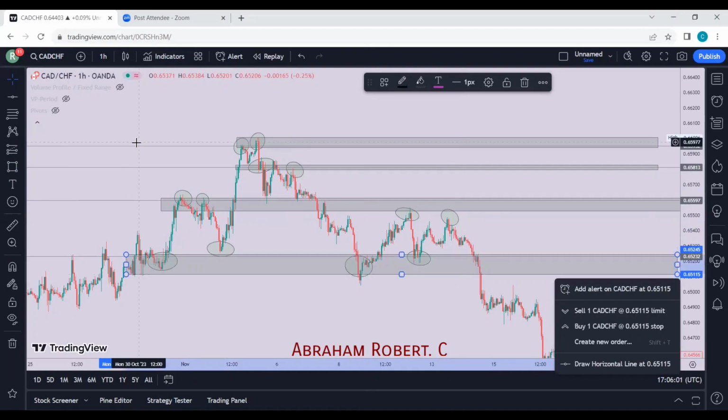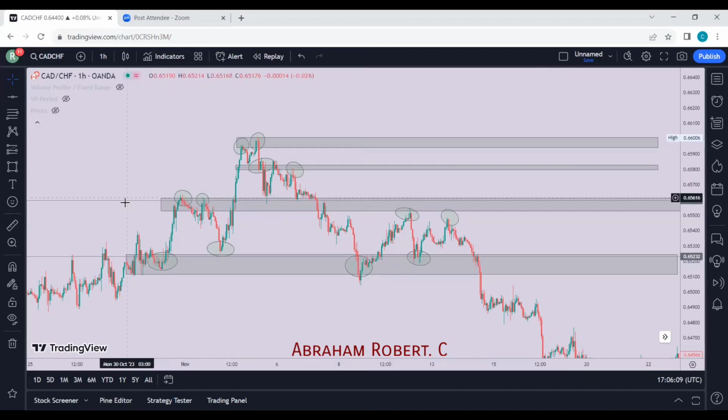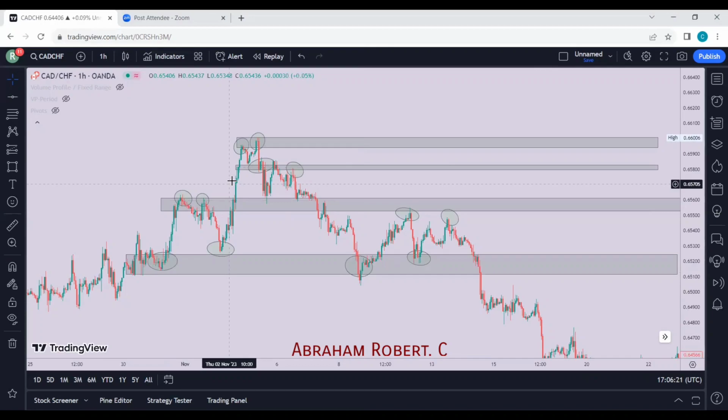Now, I normally remove the horizontal line when I'm done drawing the zone using my rectangle tool. I always want to remove the horizontal line so it doesn't become too crowded.